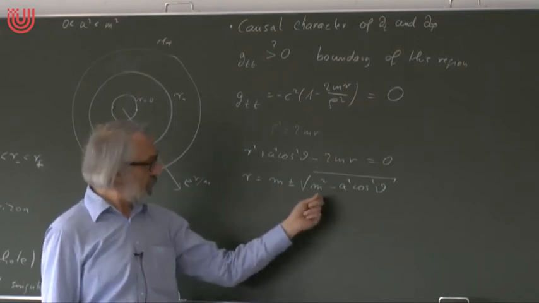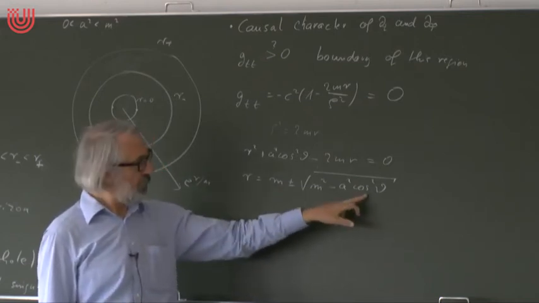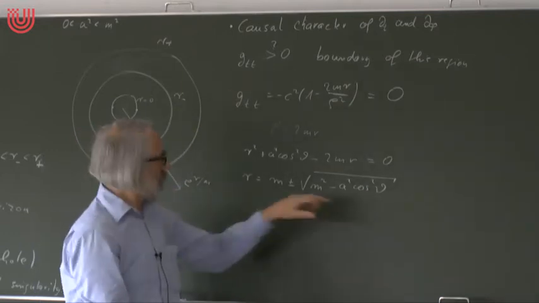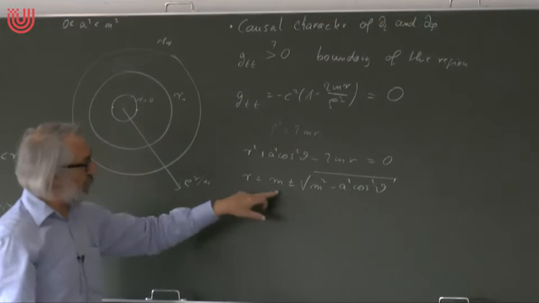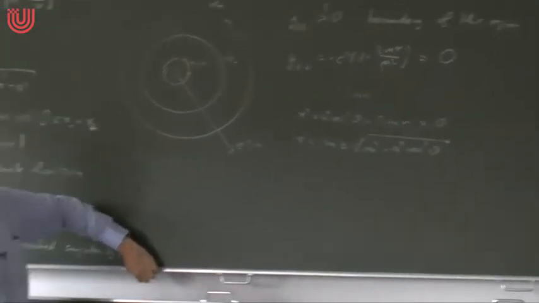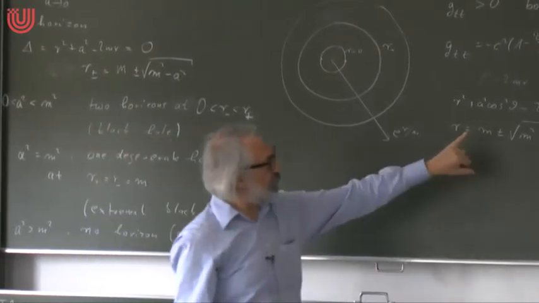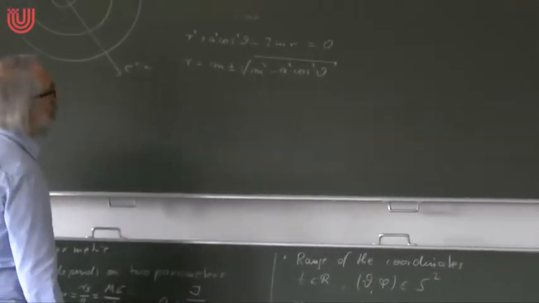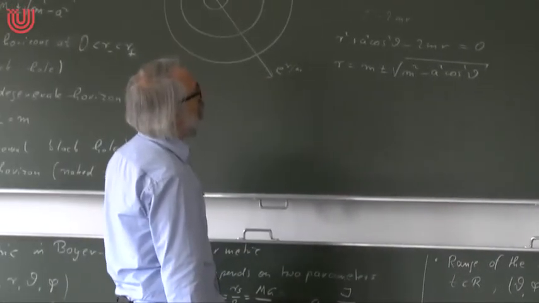So this really has a real solution for any theta. So along the whole range of the theta coordinate, we have two values of the r coordinate where this is actually satisfied. So our ergo region has an outer boundary, which corresponds to the plus sign, and an inner boundary which corresponds to the negative sign.